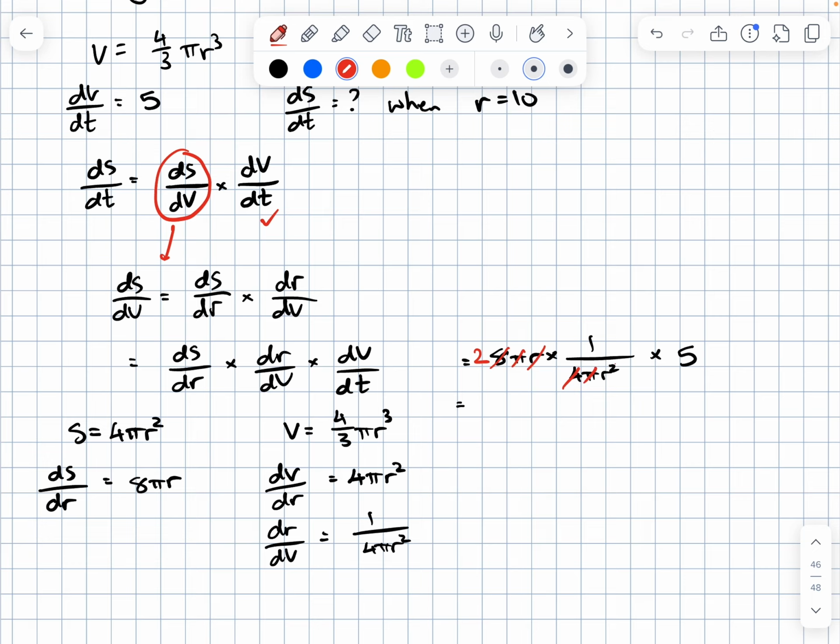This r and one of those will cancel, giving us a very simple equation of 5 times 2 over r, or 10 over r. We know that r is 10, so that means that ds/dt is equal to 10 over 10, or 1 centimeter per second.